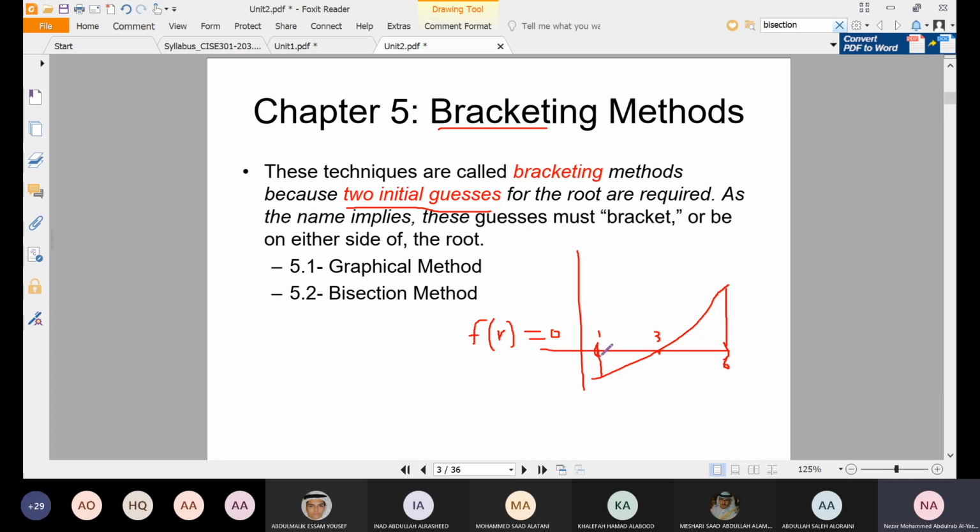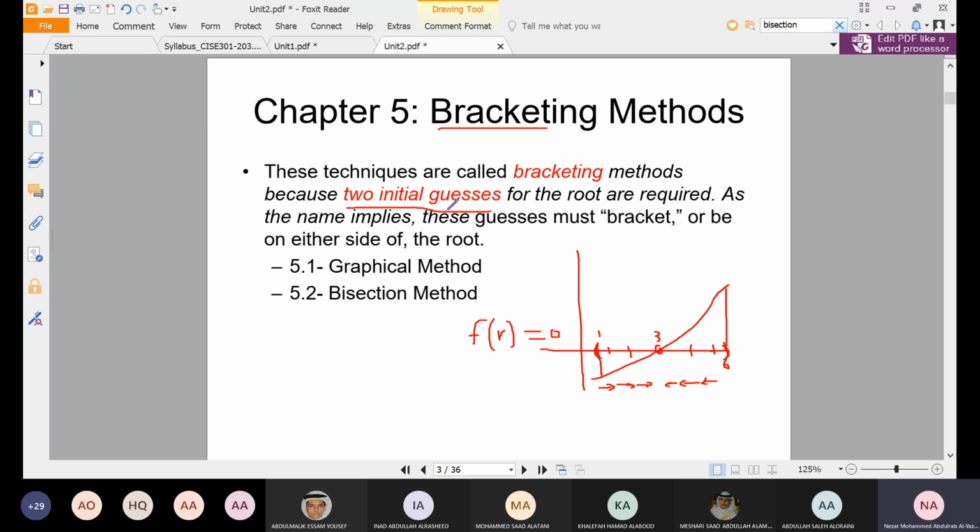So we bracket the solution at the initial guesses, and we know the root is located between these two points. As a result, we try to reduce the interval, the distance between the two points, step by step until we get the root.